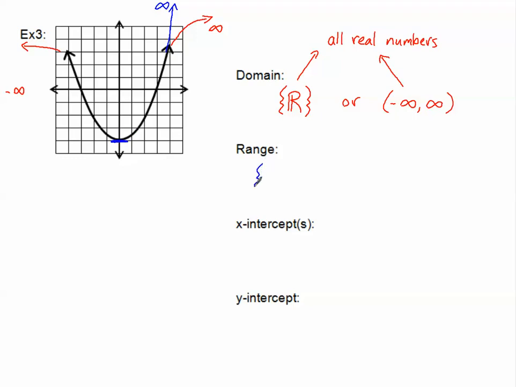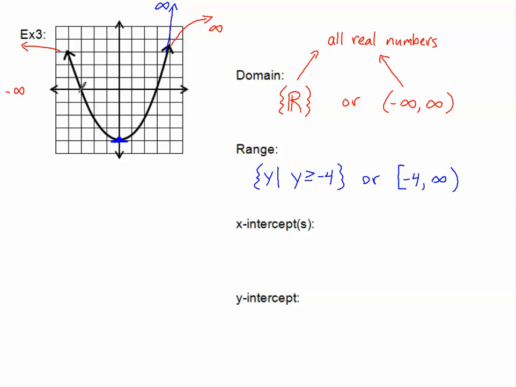So in set notation, all y such that y is greater than or equal to -4. Or in interval notation, we start with the -4 and we go to the infinity. We bracket with the -4 because we're touching it. It's an actual value. We parenthesis with the infinity because we never touch the infinity.